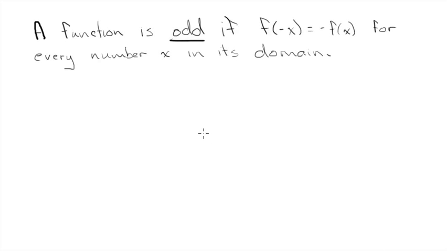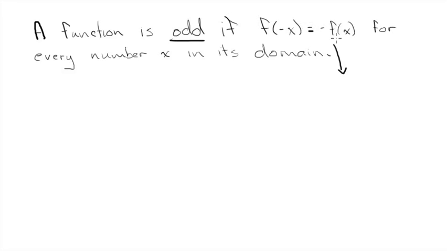The second type of symmetry we're going to look at is what we call odd functions. A function is said to be odd if f at negative x is equal to negative f at x for every number x in its domain. This one is sometimes a little trickier to see how it's symmetric. To see how the graph works, I'll rearrange this equation.